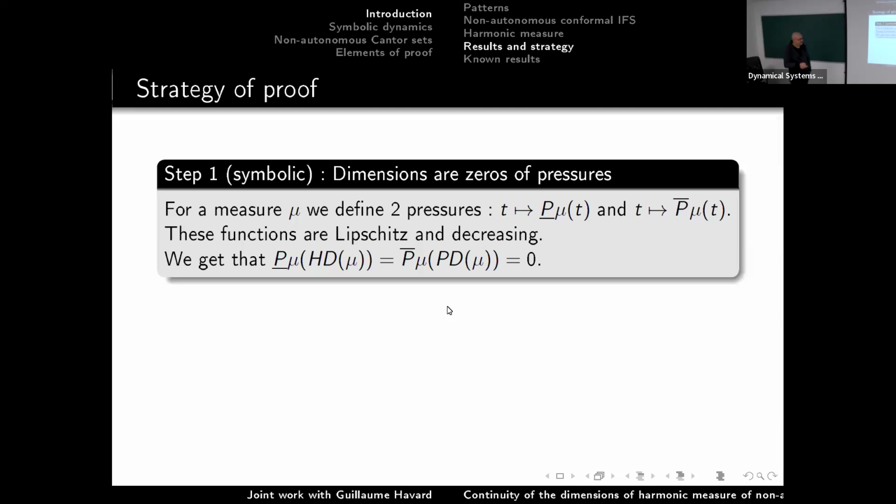This is well known. I think that even Anna worked on it. In this framework, the Hausdorff dimension will be the zero of the lower pressure and the packing dimension of the higher pressure.